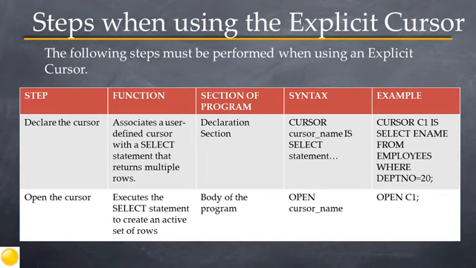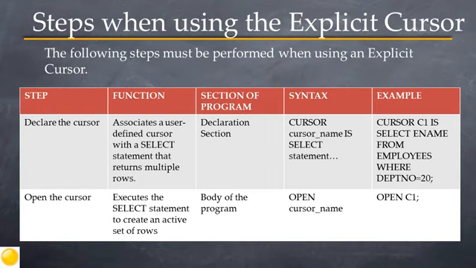I mentioned in the previous slide that if you are using an explicit cursor, there are some manual steps that need to be performed. There are basically four steps. Two of them are mentioned on this slide and two on the next. To begin with, you must declare the cursor. This is done in the declaration section. When you declare the cursor, you give the cursor a name and you associate it with a select statement.